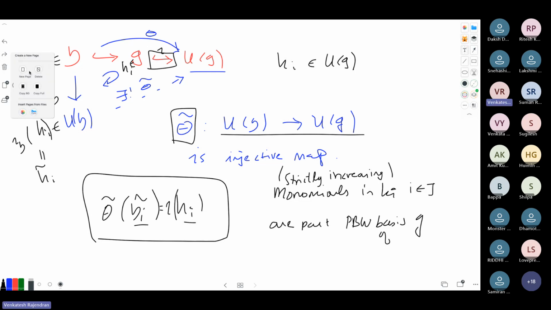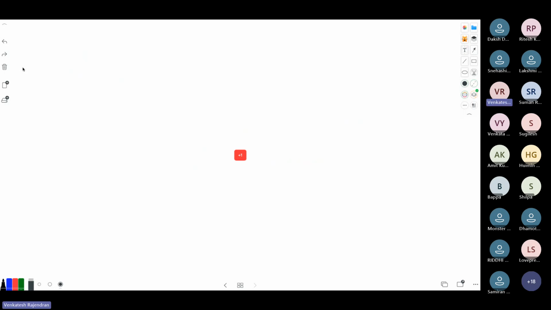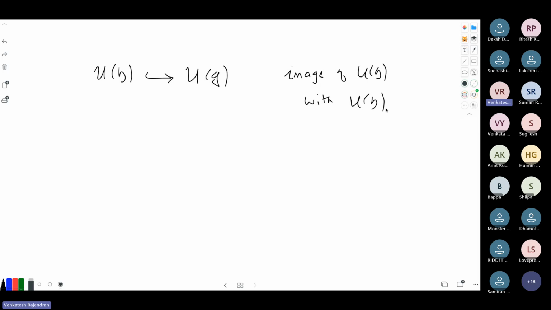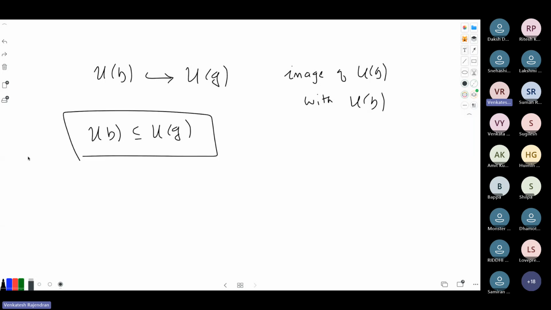So with that, you have this embedding of UH inside UG. So you identify the image of UH with UH. That means I can think of this UH sitting inside UG. Then you can ask, there are two algebras given to you. UG is a C algebra, an associative algebra, and UH is also an associative algebra.